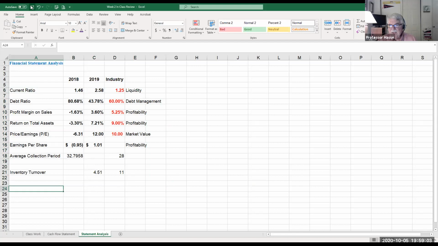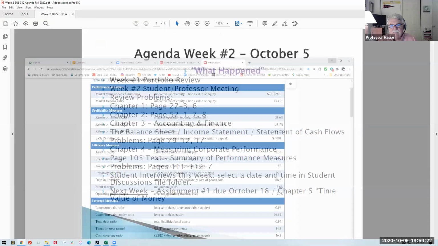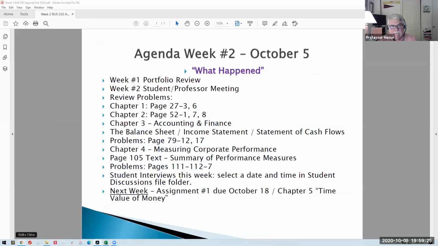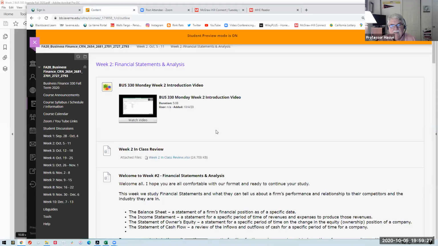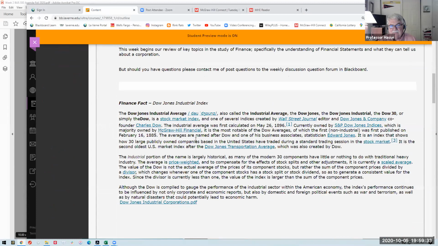Now, if you want to practice some of this, you don't have to. But if you want to practice, you can go to your Blackboard, go to your week 2 file folder and go to the very bottom.